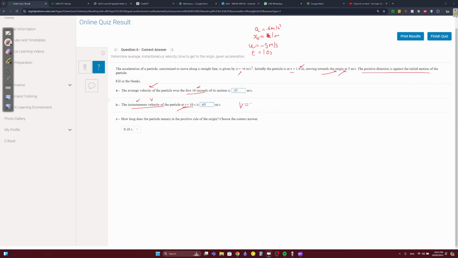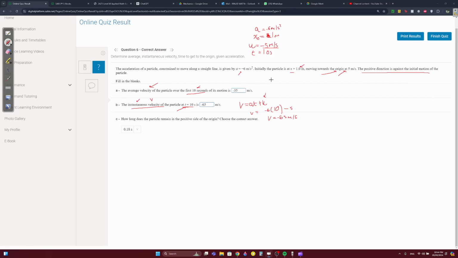We can just use v equals acceleration times time plus u. The acceleration is negative 6, the time is 10, and my initial velocity u is minus 5. So you're going to get v equals negative 65 meters per second.